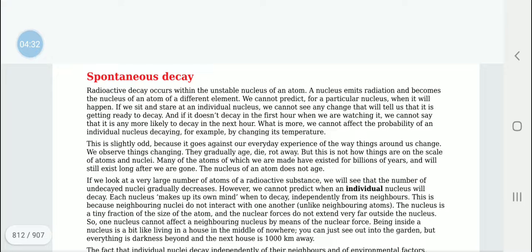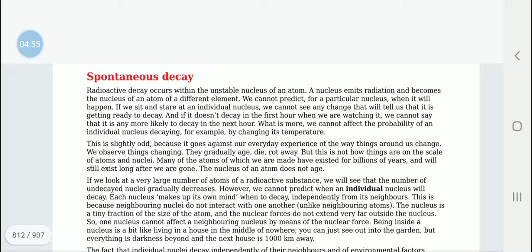So the nuclear charges or nuclear attractions have nothing to do with the next house. They are not felt by the other nuclei. Therefore, there is no effect on this decaying process by other nuclei.